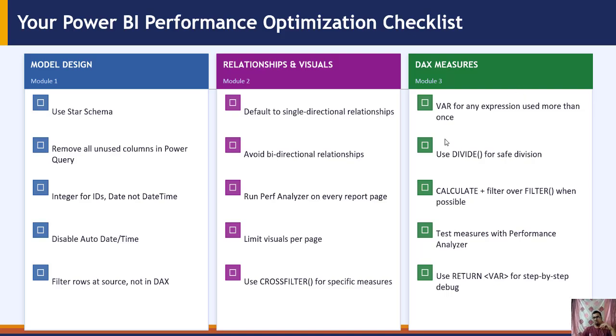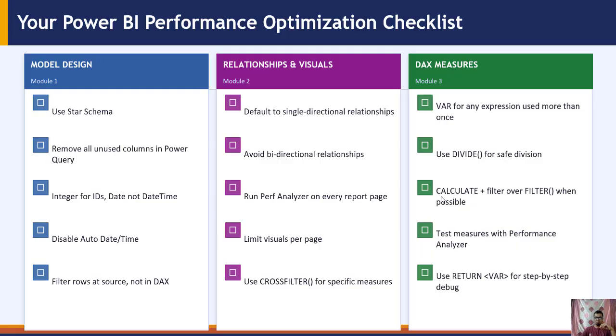Then DAX measures. Variables need to be used for any expression used more than once in the measure, to avoid executing the expression again and again inside a measure. Use DIVIDE for safe division, instead of direct division which throws an error if the denominator is zero. Avoid CALCULATE with FILTER or filter iterated functions, since they execute row by row, which increases the time and affects performance.